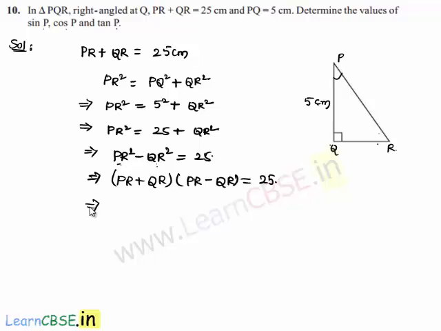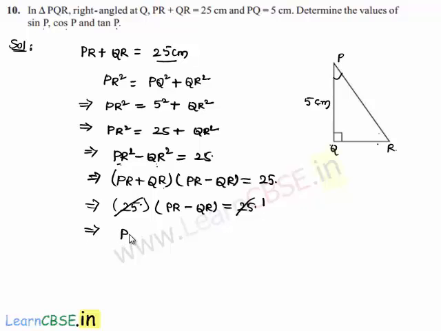That implies PR plus QR is equal to 25. We have in the initial equation 25 into PR minus QR is equal to 25. As on both sides of the equality 25 is common, it can be cancelled, and it remains as 1 on the right hand side.